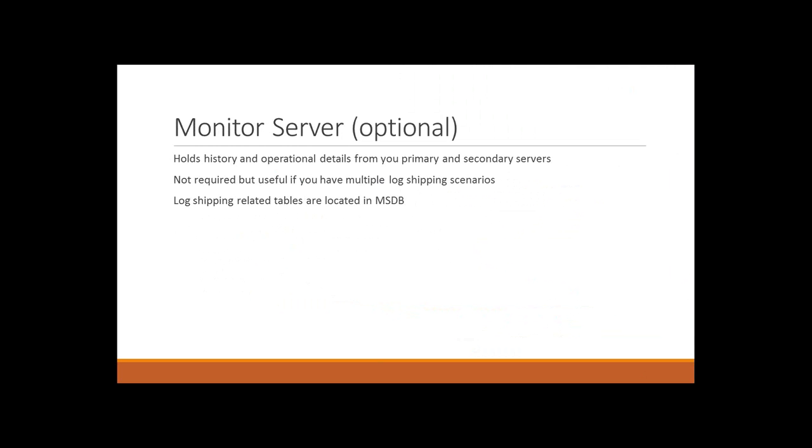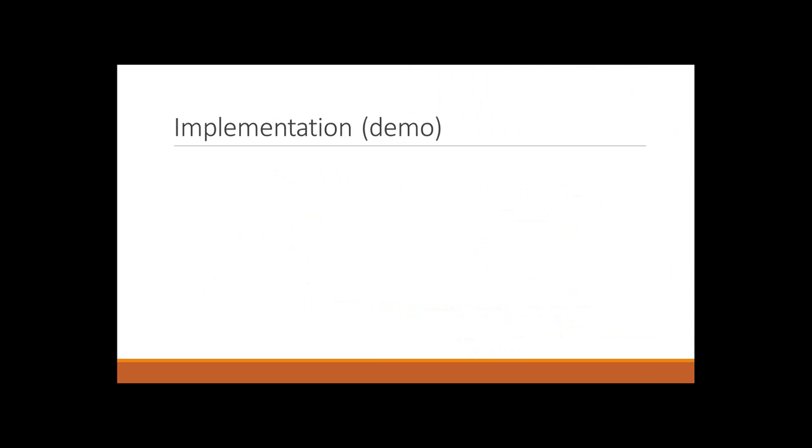Well, the monitor server, which is optional, it's not required, will actually, if you set it up, receive the data in that one central location. So you can look at everything in one place as opposed to having to bounce around between servers. Really, really useful, especially when you've got a lot of log shipping implementations.